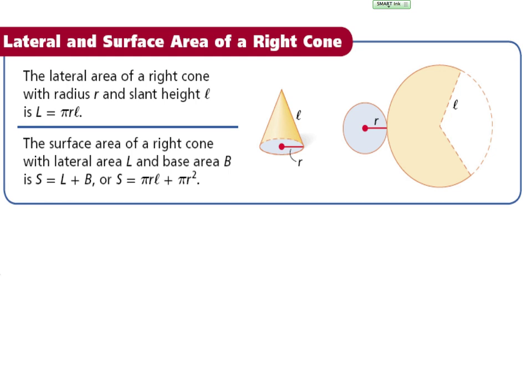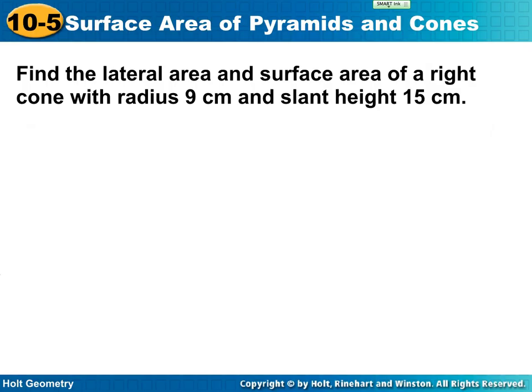It could be a small part of the circle, it could be bigger, just depends upon how big the radius is. The lateral area is going to be pi times radius times slant height. Then we said we have to add on one circle to get the total surface area. So we're going to do pi radius times slant height plus pi times radius squared to get the whole surface area. Okay, let's try those on an example.